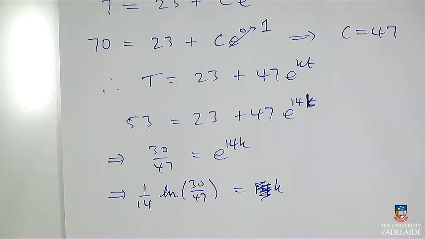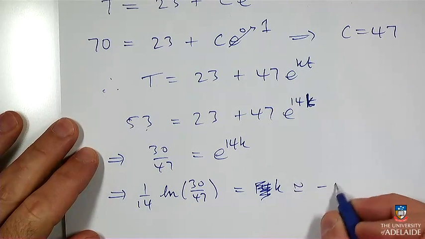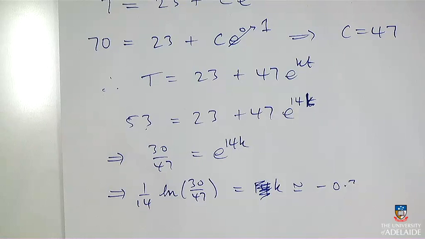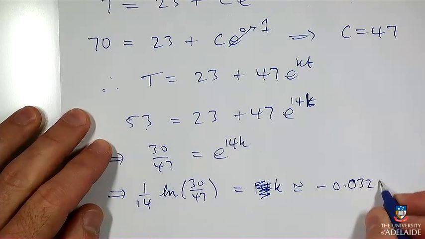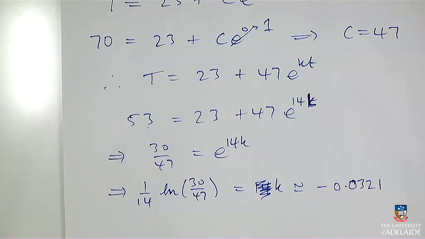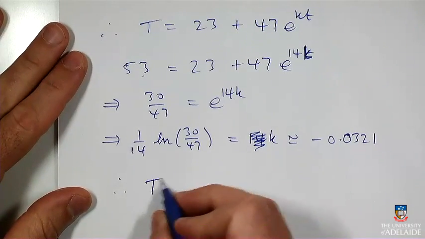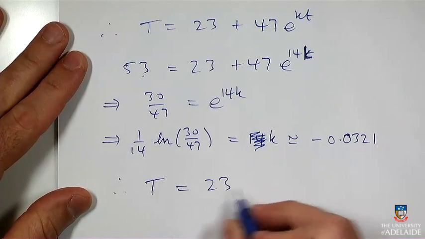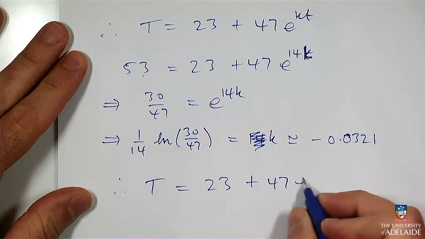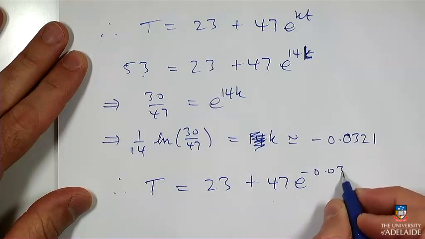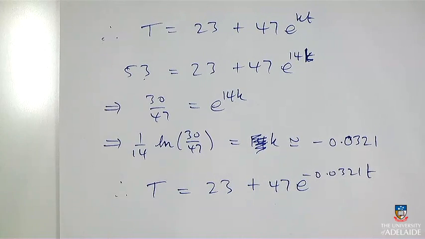Minus 0.0321, say. That's approximately k. So this tells us that T is 23 plus 47 e to the minus 0.0321t. All right, so there's our model.